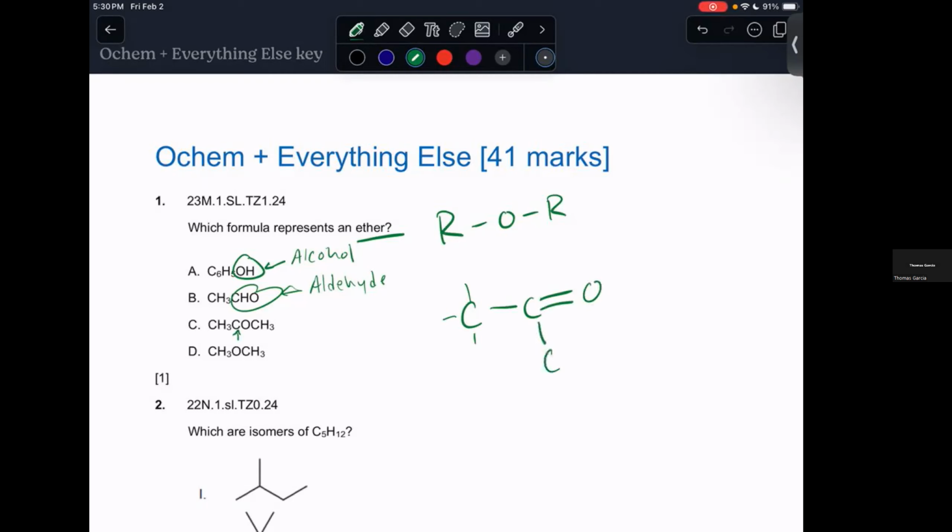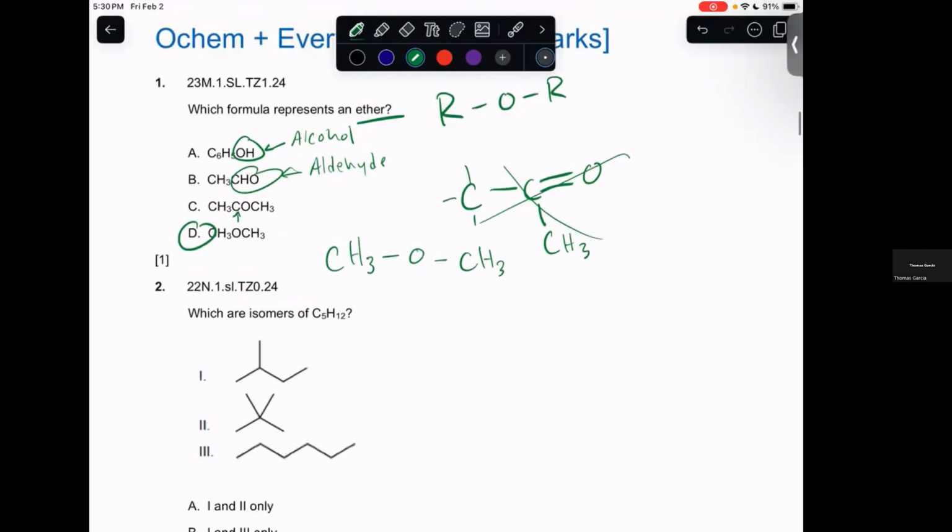Then we have a CH3, and that would be a ketone, which does have the oxygen like you might expect, but it is not an ether, leaving us with D, CH3 bonded to an O, bonded to a CH3. So yeah, it's going to be D.